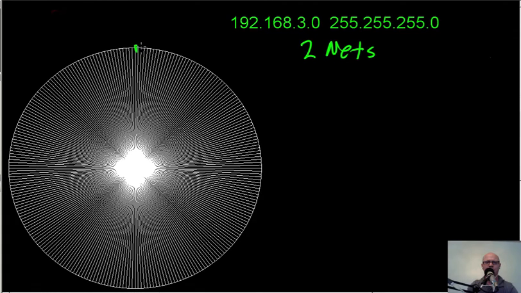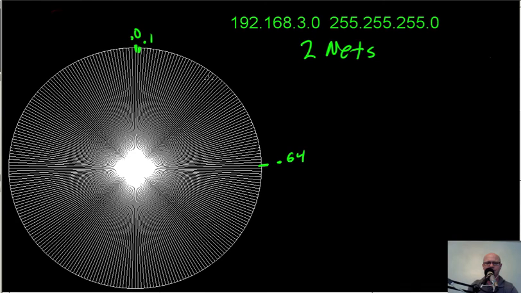Let's label these slices. We're not going to label all of them, but let's say this first slice is our .0, and I'm just writing the last octet. Then the next slice is .1, then 2, 3, all the way down, and right here will be your .64 slice.